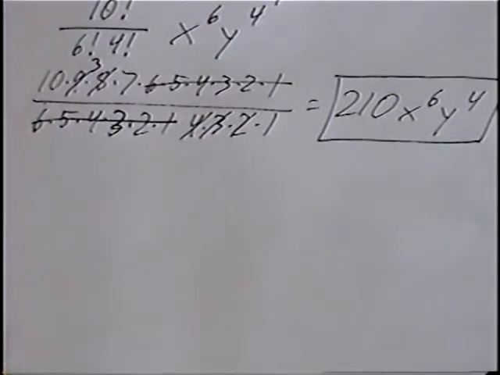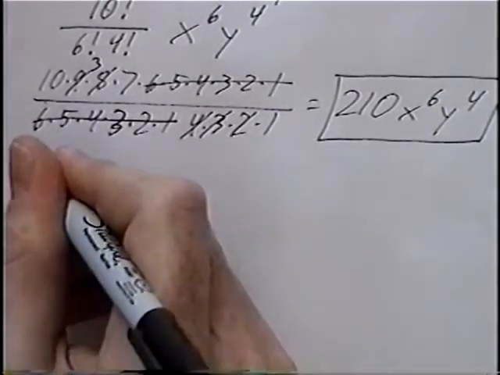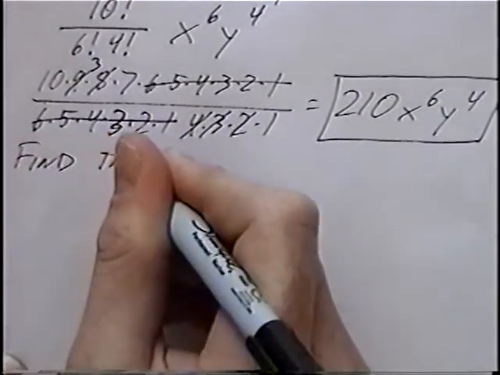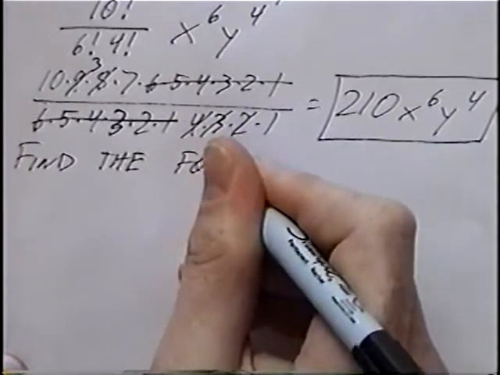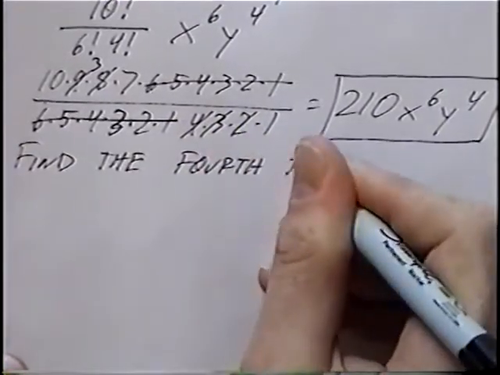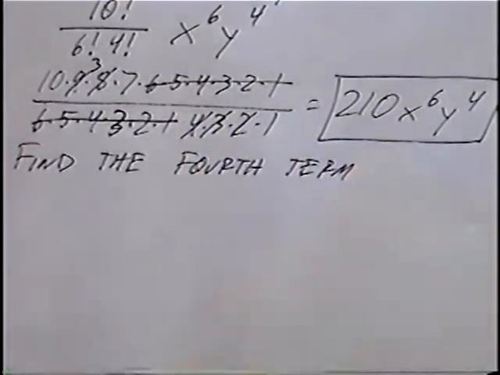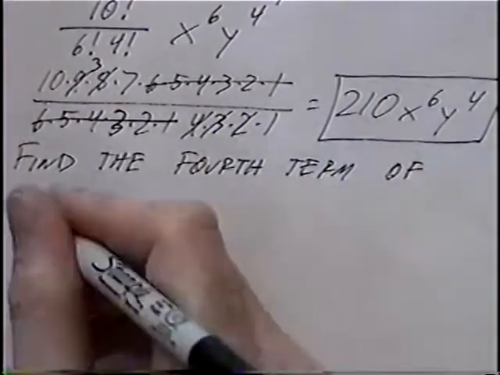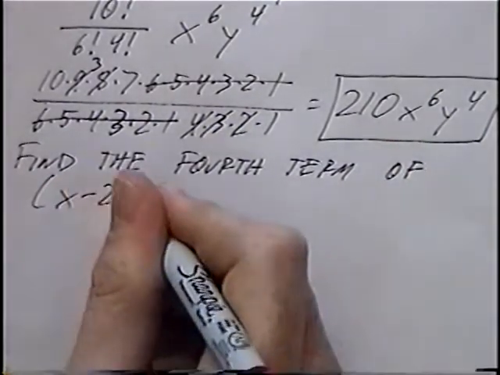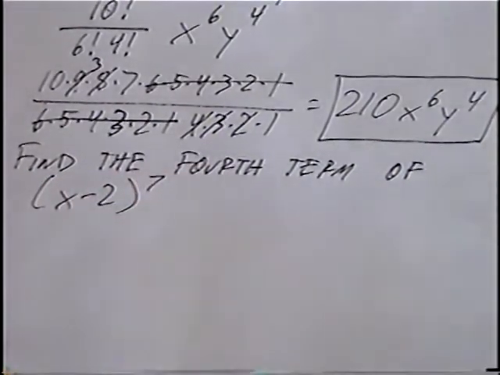Second question we'll look at. Find the fourth term of x minus 2 to the exponent of 7.